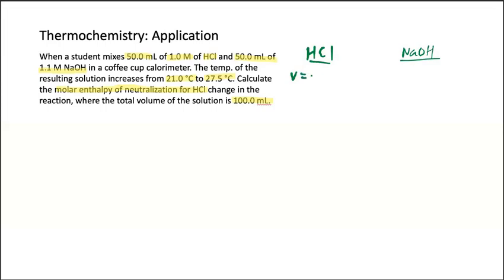The volume for HCl is 50.0 mL, and the concentration is 1.0 moles per liter. And for sodium hydroxide, an equivalent volume, but the concentration is slightly different, 1.1 moles per liter. Okay.